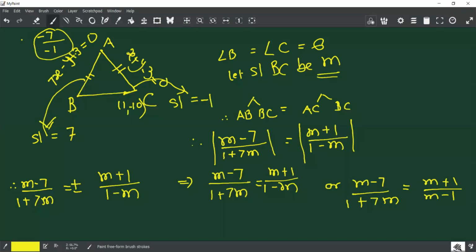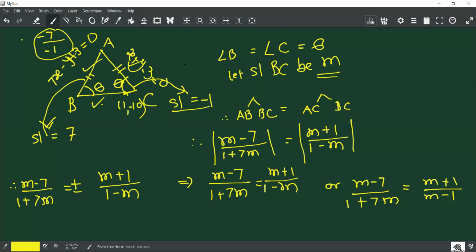Similarly, slope of AC is minus 1 upon 1, so minus 1. Now, because it's an isosceles triangle, this makes equal angles. So if this angle is theta, obviously this angle will also be theta. So the angle between AB and BC is the same as the angle between AC and BC.